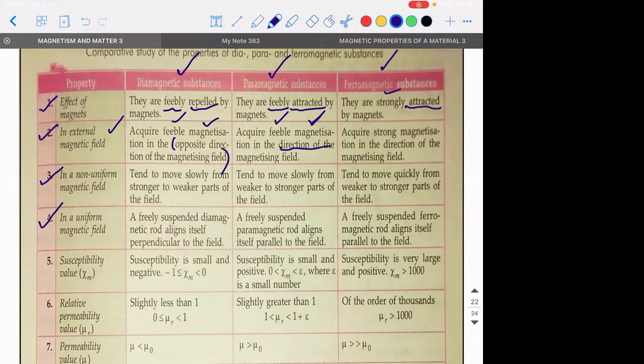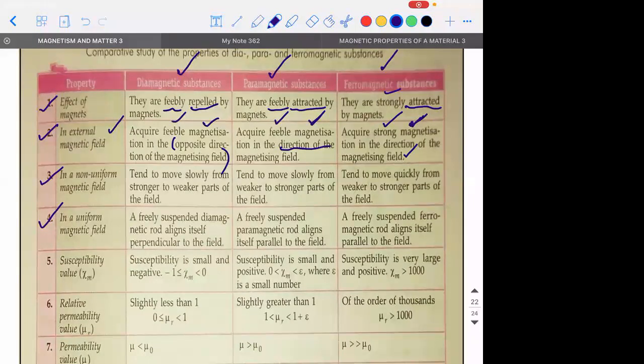Okay. And ferromagnetic substance will also acquire magnetization, which is very much strong, and it will be in the direction of magnetizing field. Okay. Then what about in a non-uniform electric field? So when you place a diamagnetic substance in a non-uniform electric field, it started revolving, you remember?